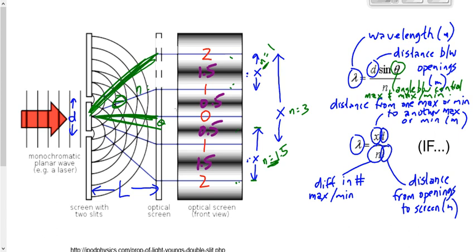What would n be in this case? From the central max to the second order max, we'd say n is equal to 2 minus 0 is 2. What would n be in this case? From the central max to the first order minimum, n would be equal to 0.5 minus 0 is 0.5.